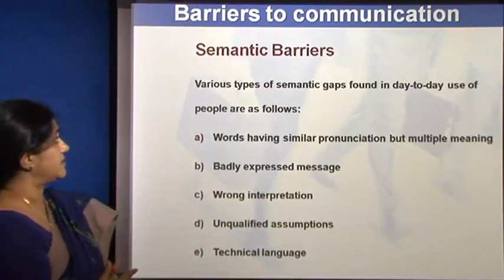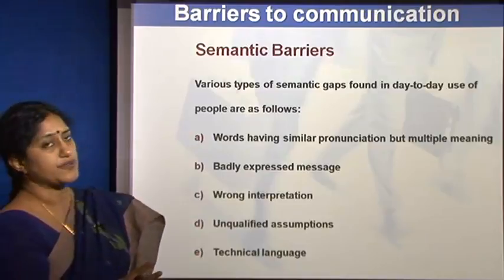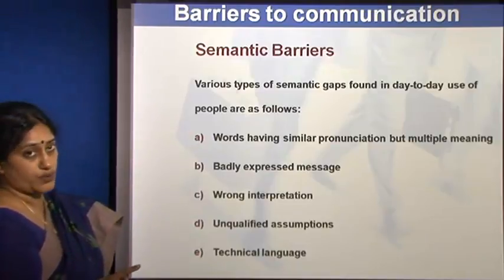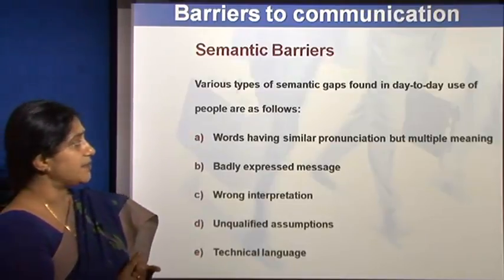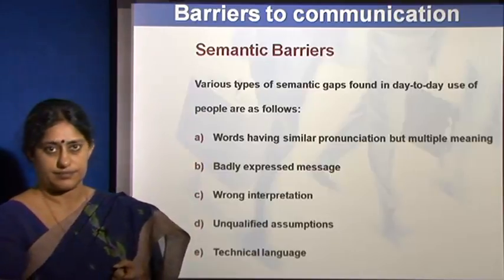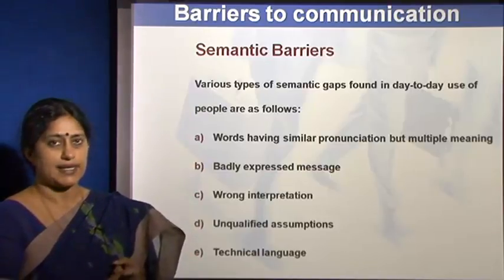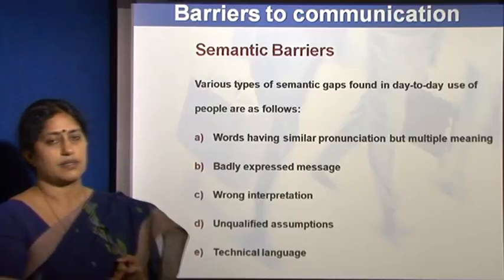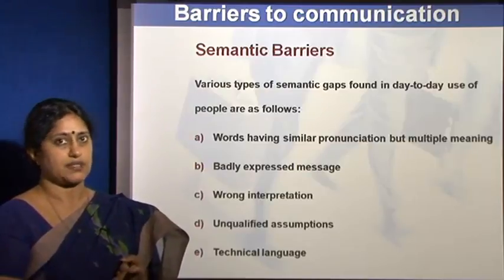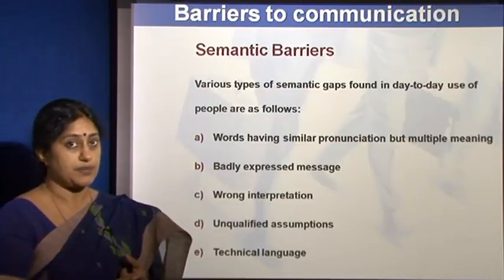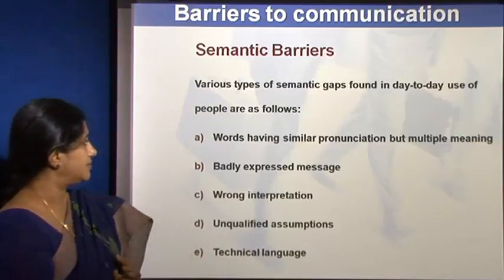Semantic barriers. Various types of semantic gaps found in day-to-day use of people are as follows. Words having similar pronunciation but multiple meaning. We might say accept, but may want to say except. Then it may be misunderstood.